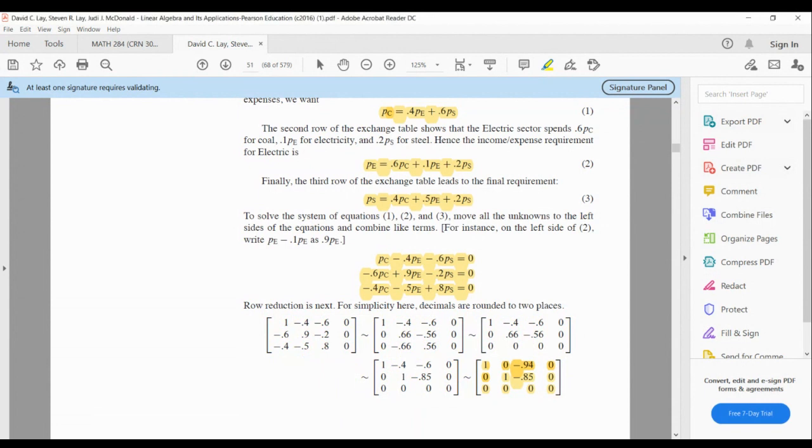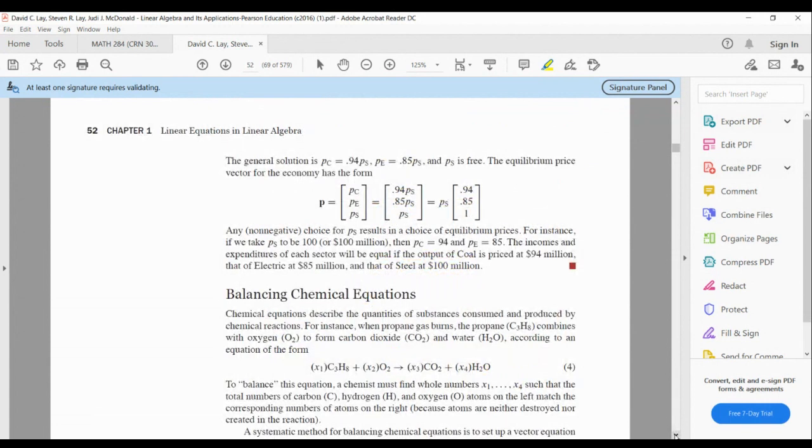Okay, so let's proceed on to the next page. So for the general solution, you're going to let the steel income, or steel output as they like to call it, be free, and then the incomes for coal and energy are as you see here.